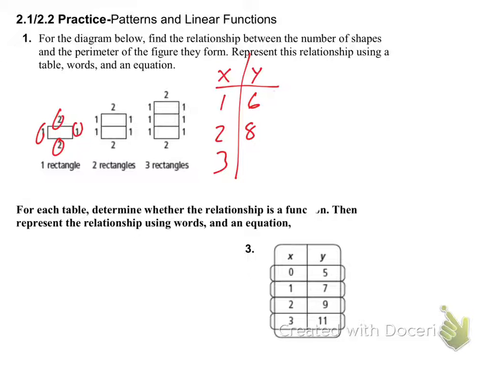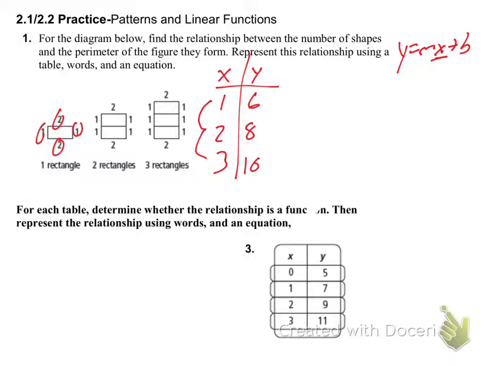And 2, 4, 10. All right, so I have my table here, and then I've got to write an equation. So I look at the x's. It's a function because none of the x's repeat. So then I look to y equals mx plus b, and I'm going to take my x and plug it in.